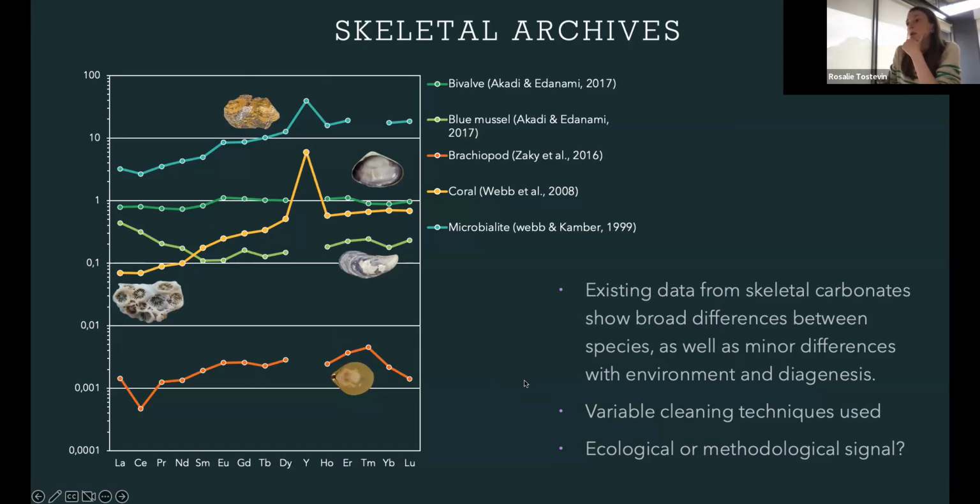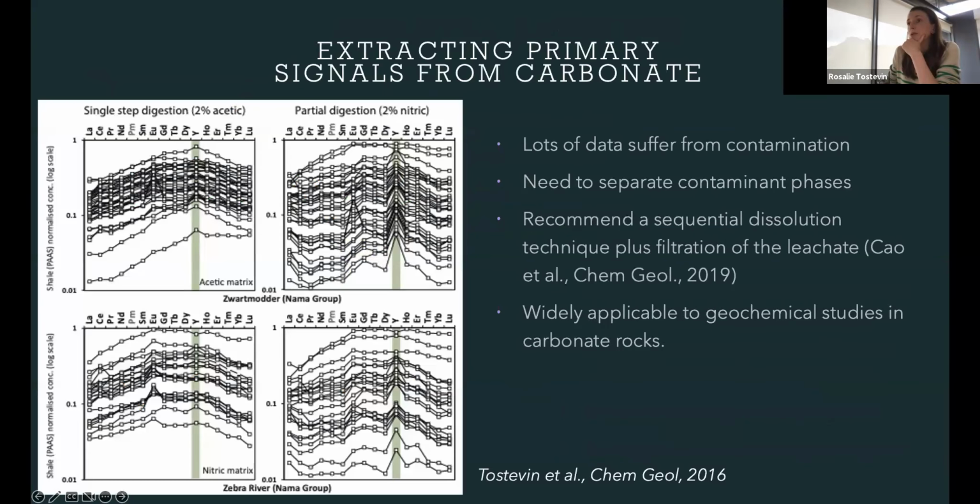So we've shown with bulk rock that it is really important that you have to employ a sequential digestion technique to extract these seawater signals, because the rare earth element content of clays is so much higher than carbonates that even with your weak acid in a single step digestion, if you attack a tiny amount of clay material, it can overwhelm the weighted average rare earth element signal.